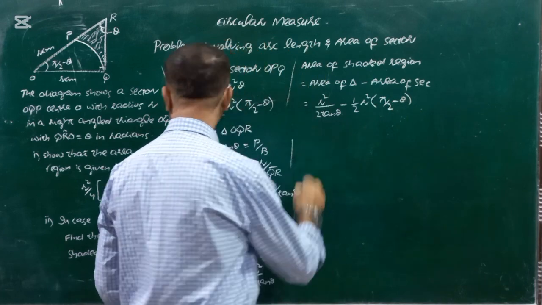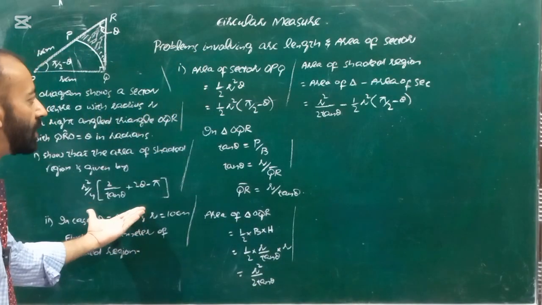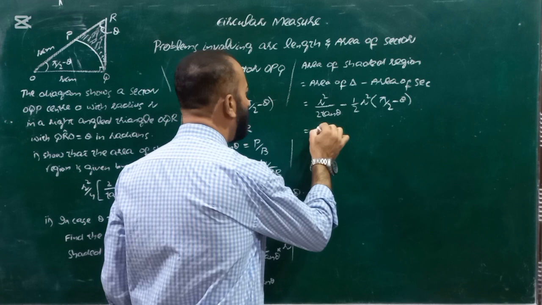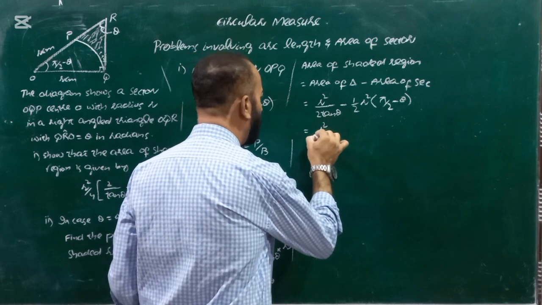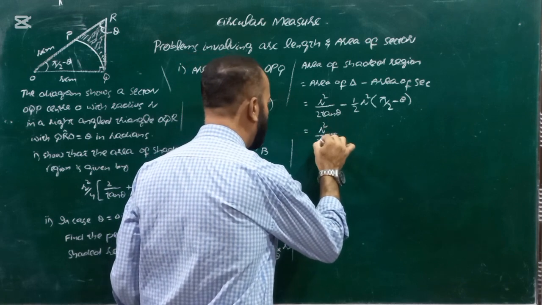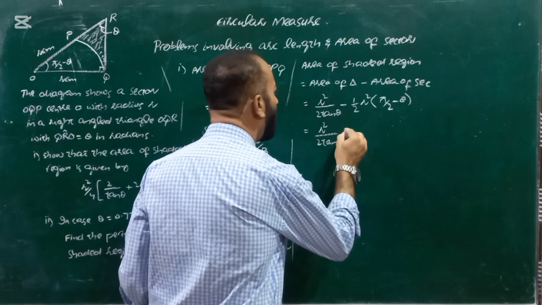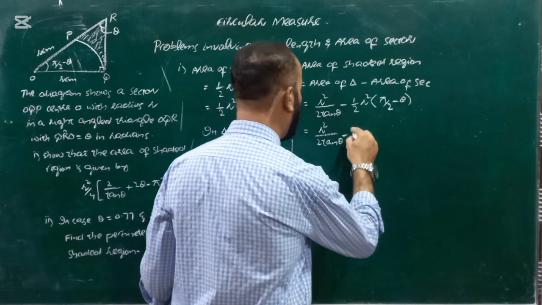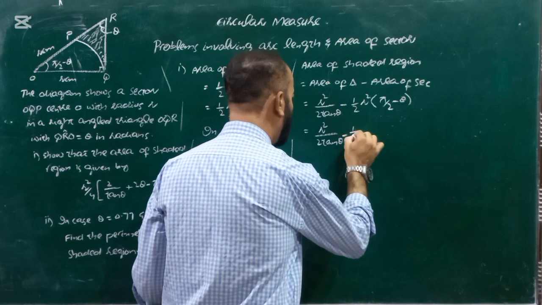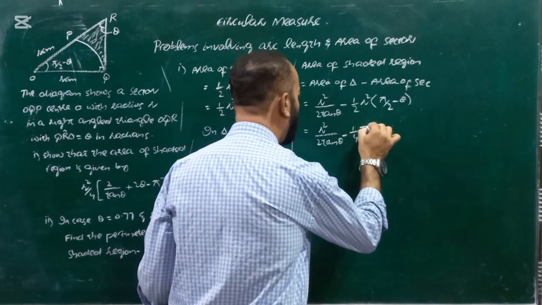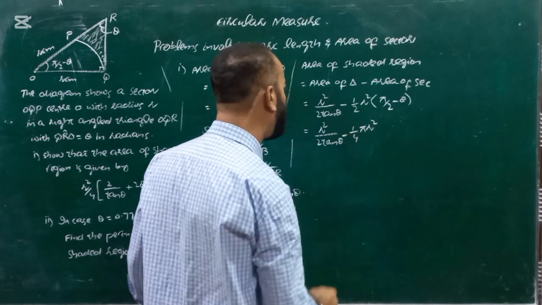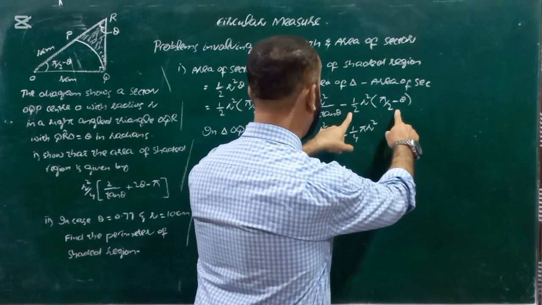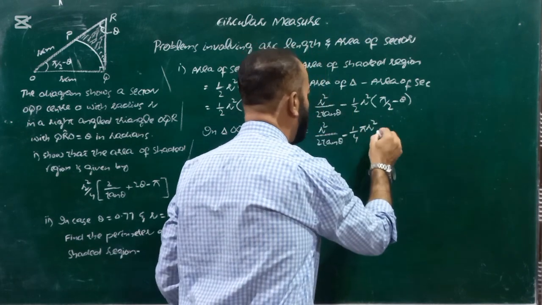Okay, solving it further because we have to prove this equal to this one now. So solving the bracket: r square over 2 tan theta minus 1 by 4 pi r square plus 1 by 2 r square theta.